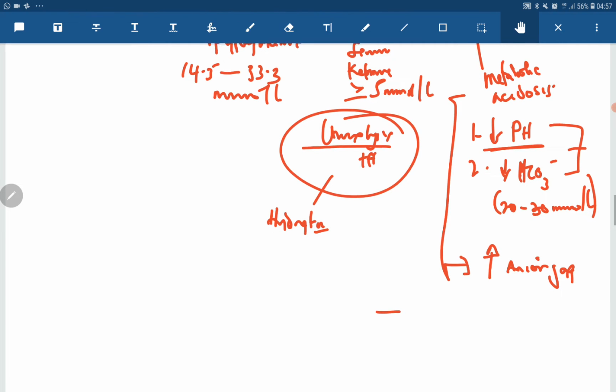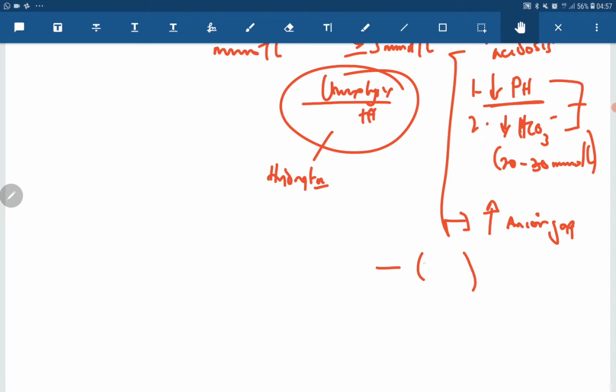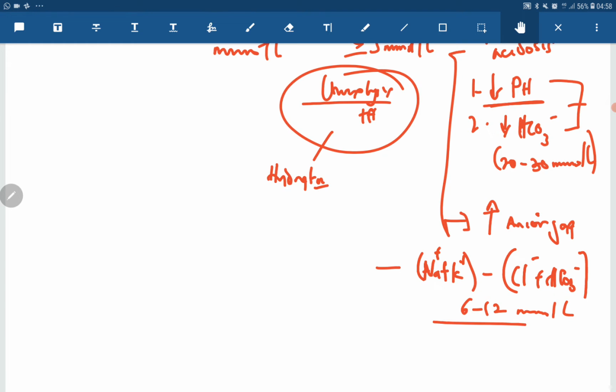So you also look out for the anion gap too. The values vary. For some, we talk about 6 to 12 millimole per liter for the normal anion gap.